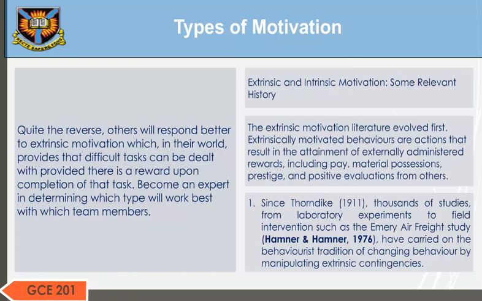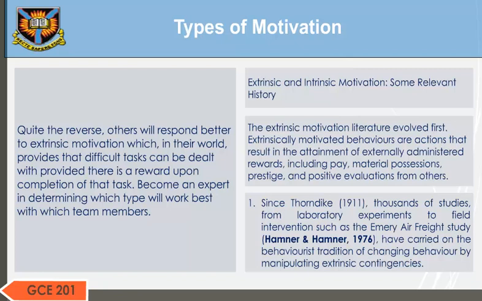Extrinsic and intrinsic motivation: some relevant history. The extrinsic motivation literature evolved first. Extrinsically motivated behaviors are actions that result in the attainment of externally administered rewards, including pay, material possessions, prestige, and positive evaluation from others.